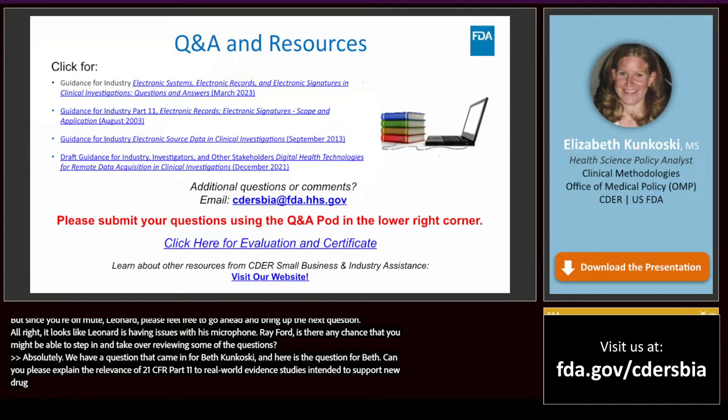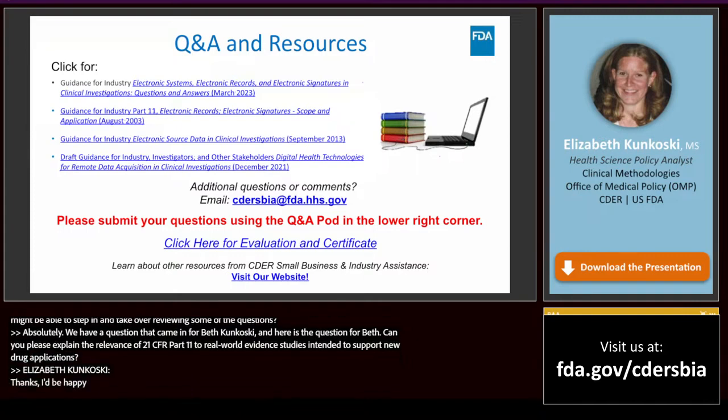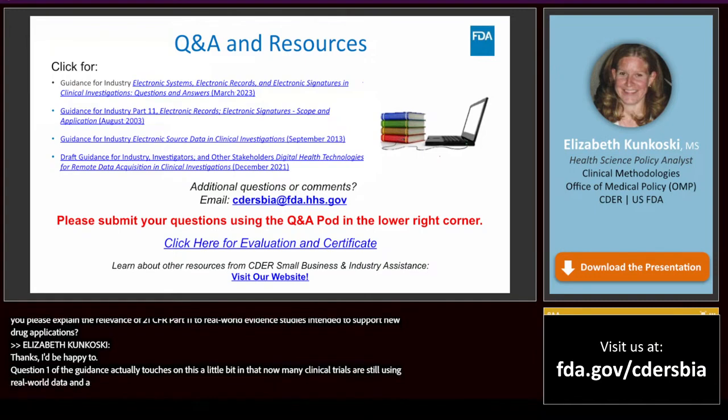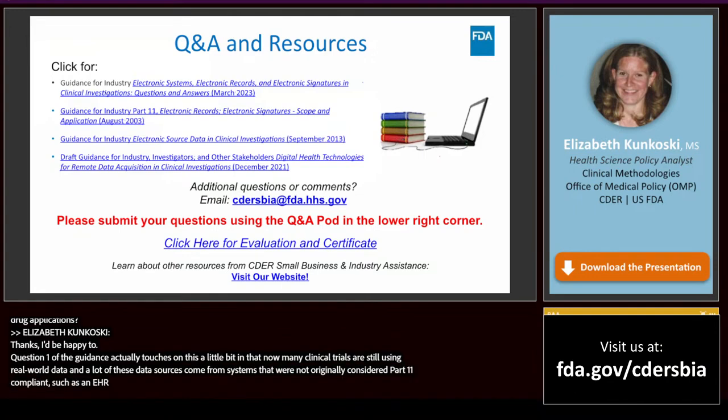Question one of the guidance actually touches on this a little bit, and that's now many clinical trials are actually using real world data, and a lot of these data sources come from systems that were not originally considered Part 11 compliant, such as a EHR or a registry. We recognize that there really is no way to make that source data Part 11 compliant.